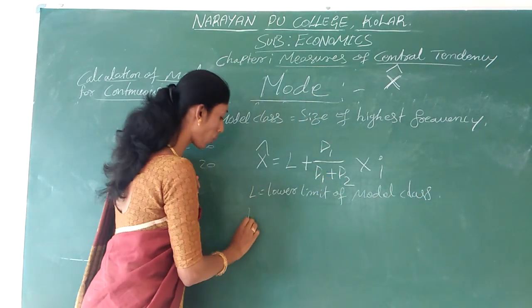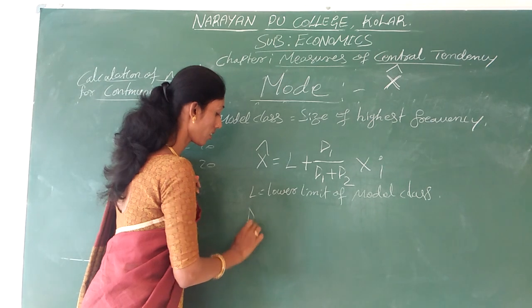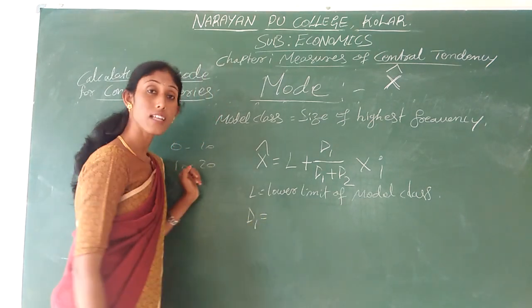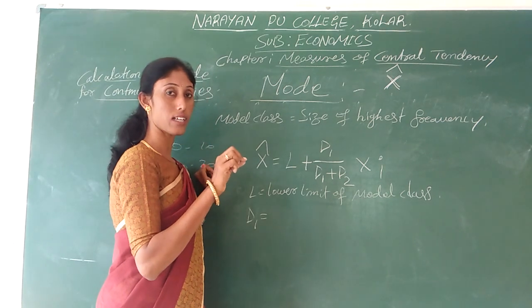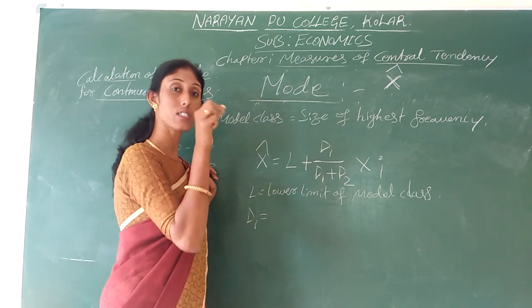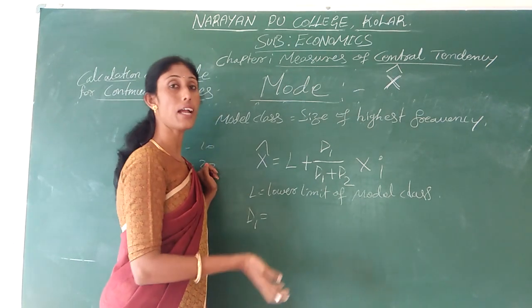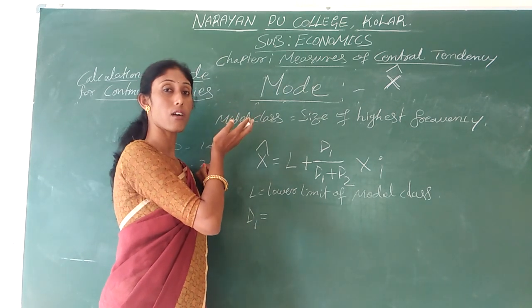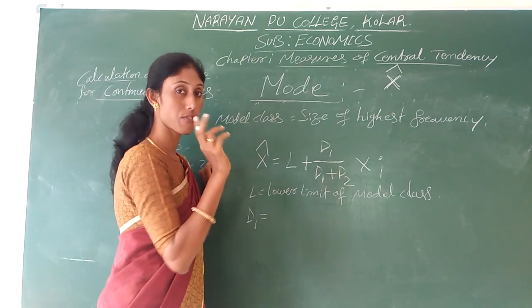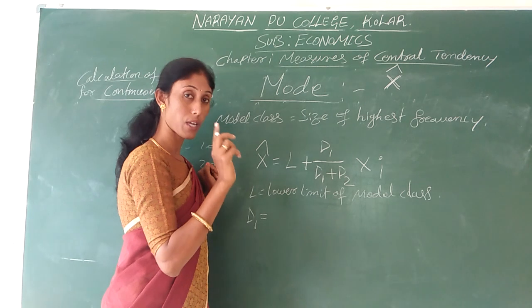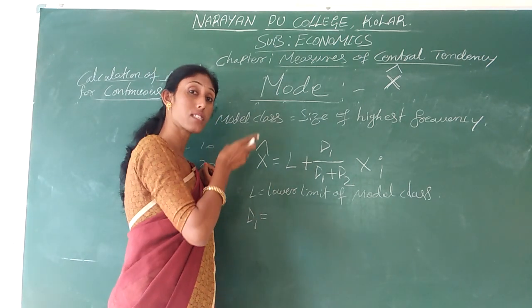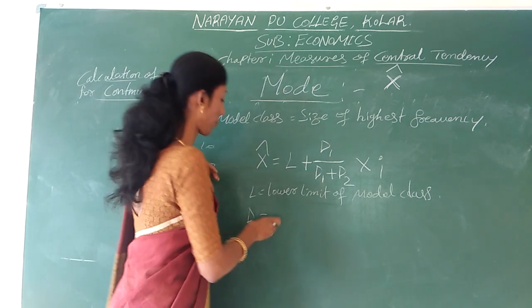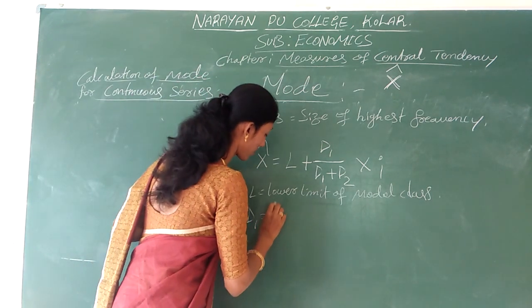Then D1 is the difference between the frequency of the mode class and the frequency of the preceding class.